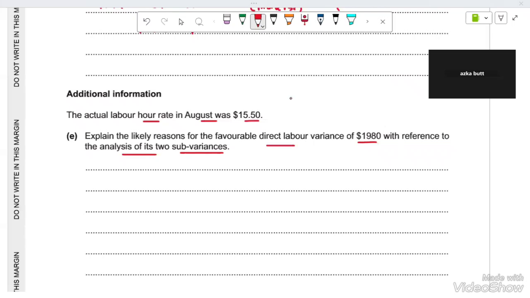With that, if you want to calculate the labor variances, we can calculate it. First of all, let's calculate the labor rate variance. The formula is standard rate minus actual rate, multiplied by actual hours.